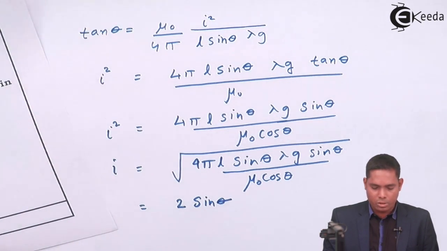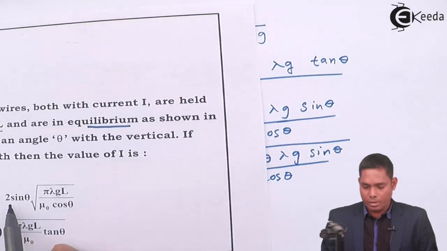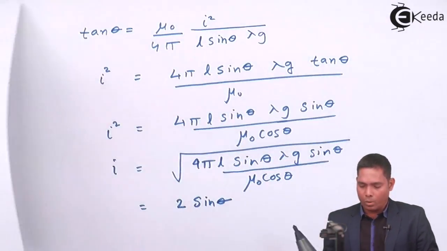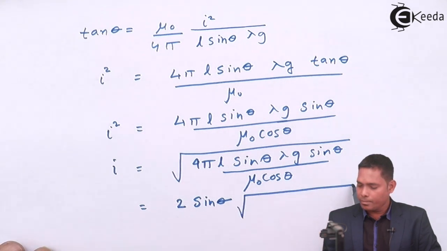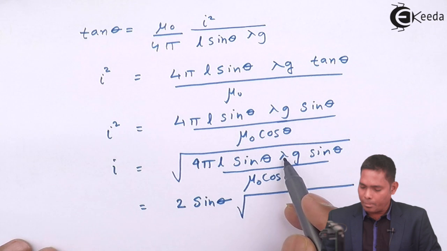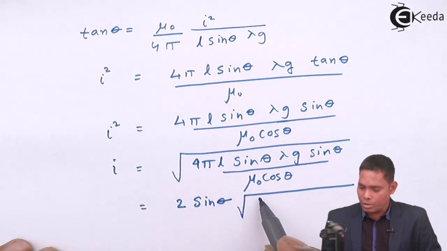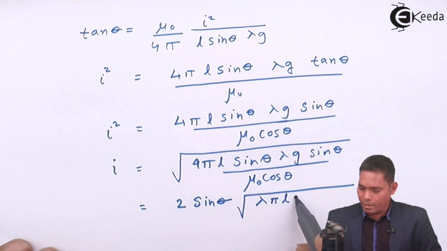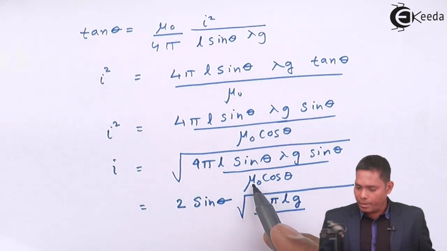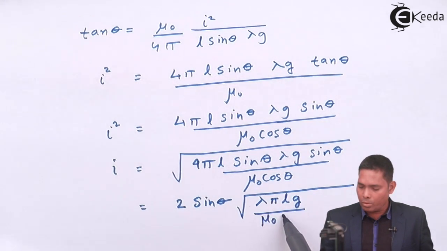So you can see here 2 sin theta is there. I took 2 sin theta out and rewrite what is left inside. Lambda pi lg will remain inside, divided by mu naught cos theta.